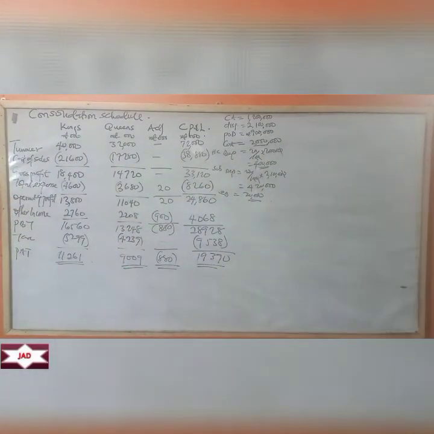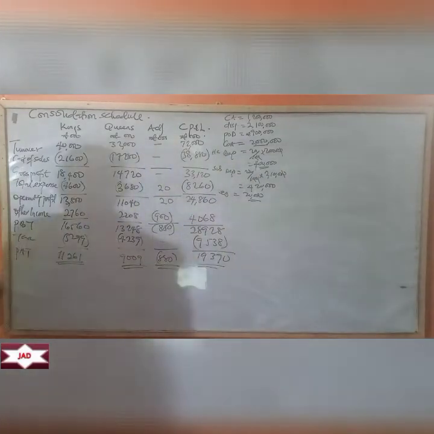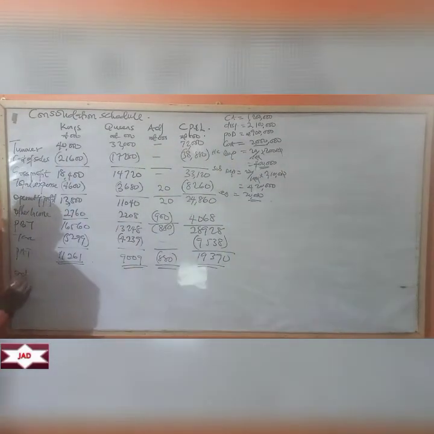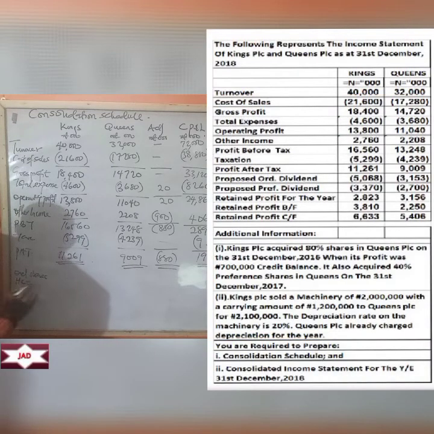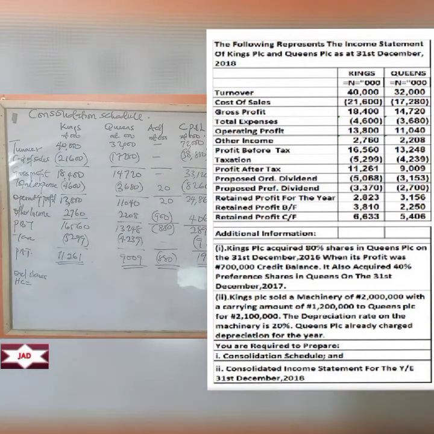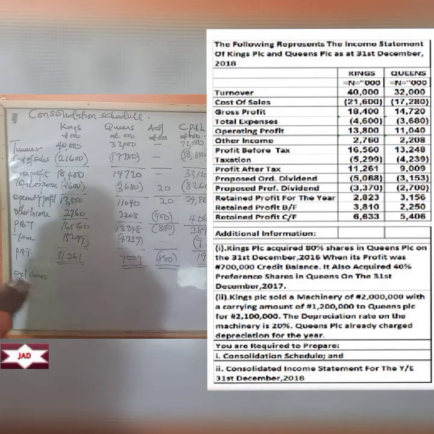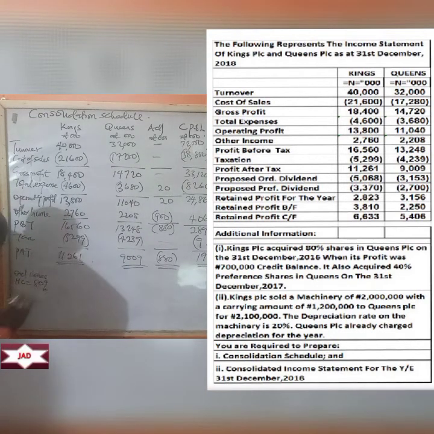Now remember, we have ordinary shares here. We have holding company to have how many percent? The question says 80%. Minority interests will be 20%.